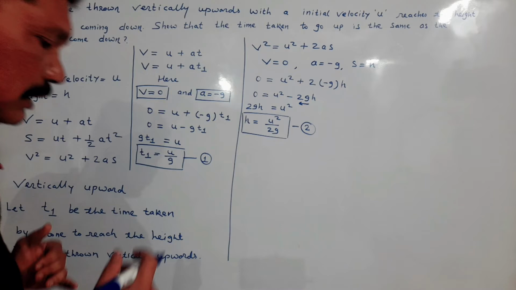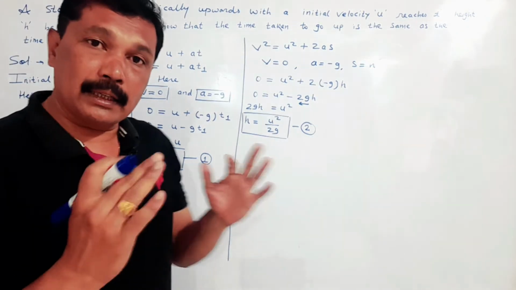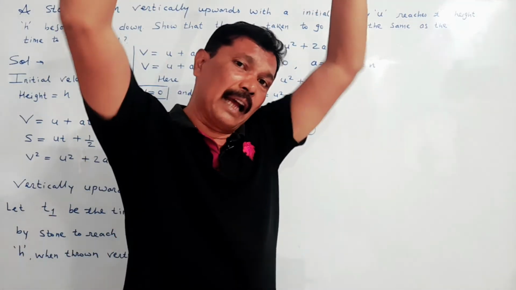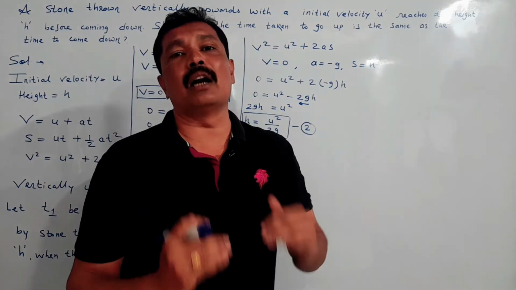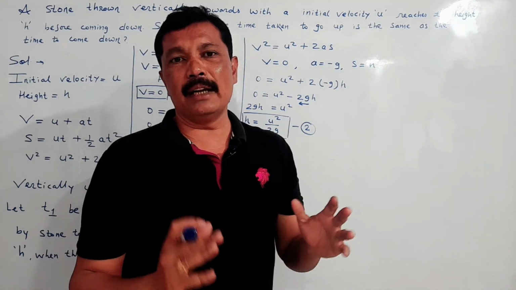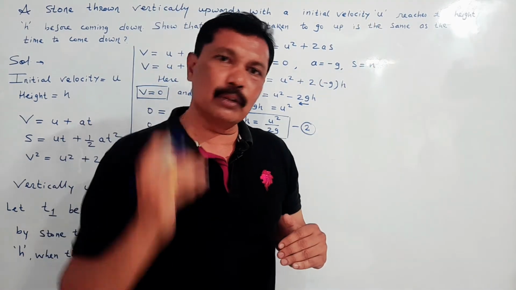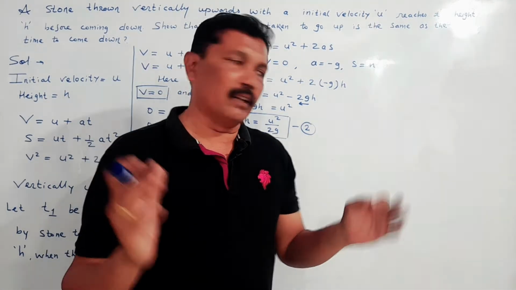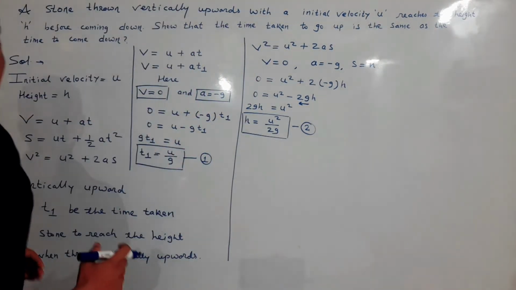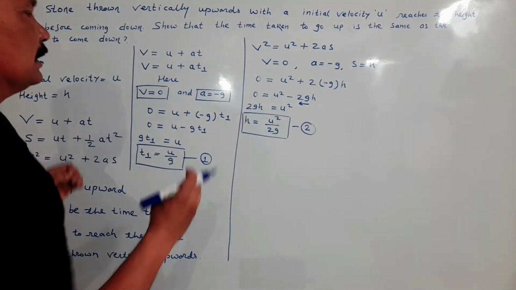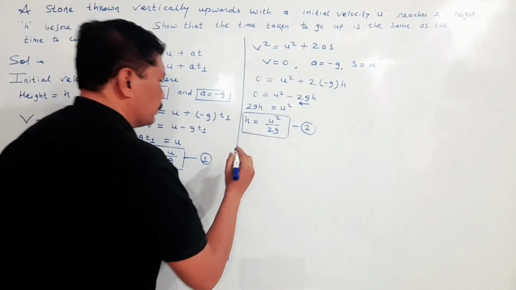Now, my dear student, we have to calculate the time taken by the body to fall from particular height on the surface of the earth, and show that the time taken to move upward and the time taken to come on the surface of the earth is equal. So one more kinematical equation is there, my dear student, when the body is coming down on the surface of the earth.